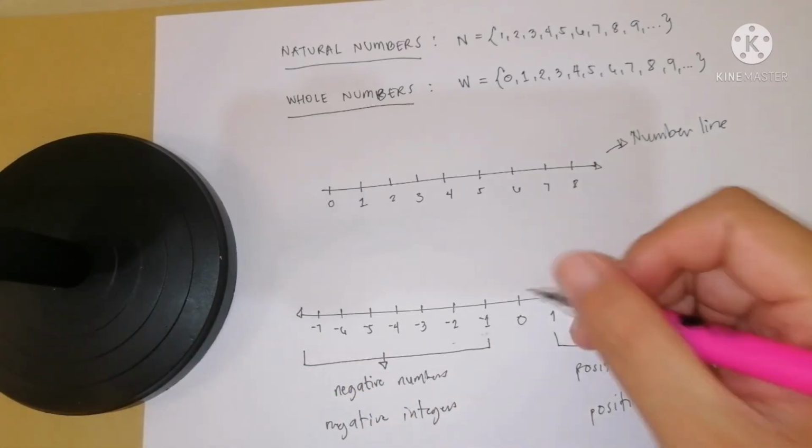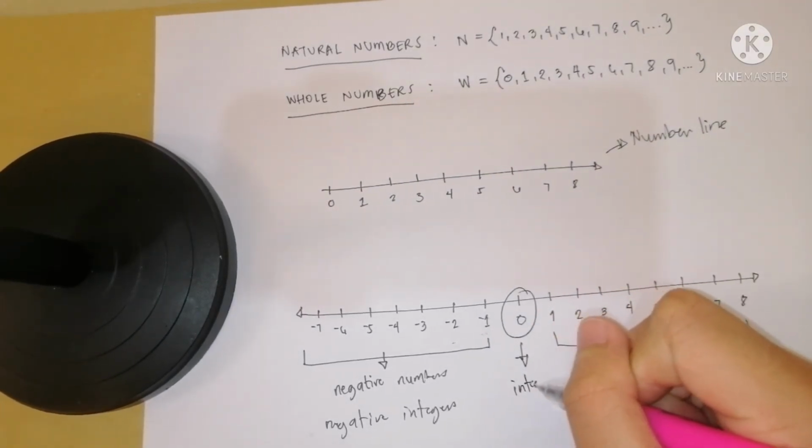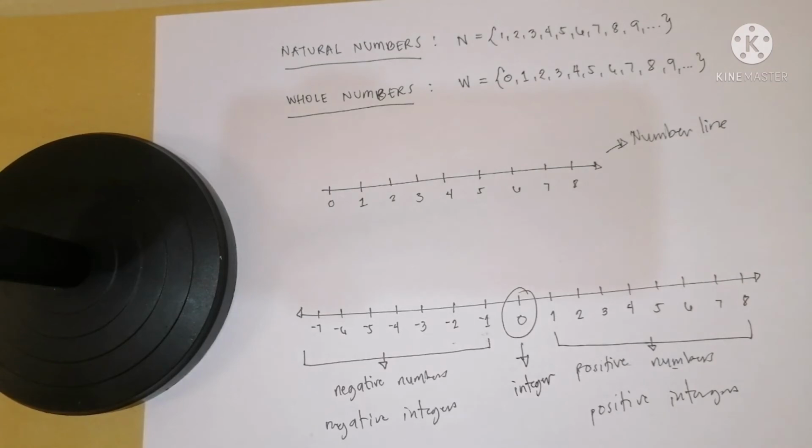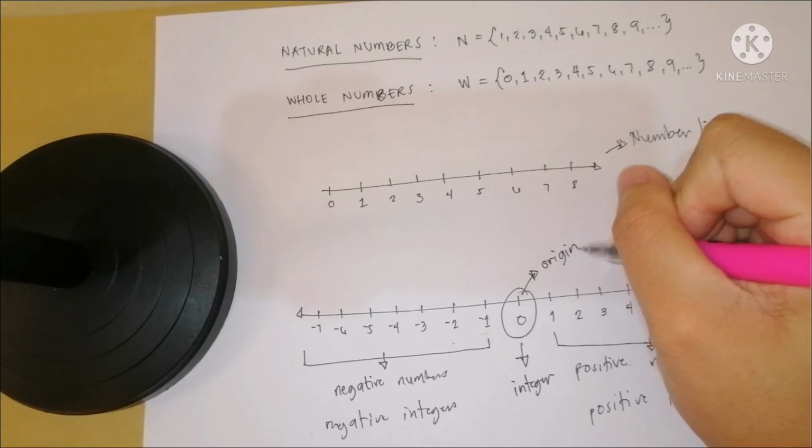The number 0 here is also an integer, provided that 0 is neither positive nor negative. It is at the point of origin. This is what we call the point of origin.